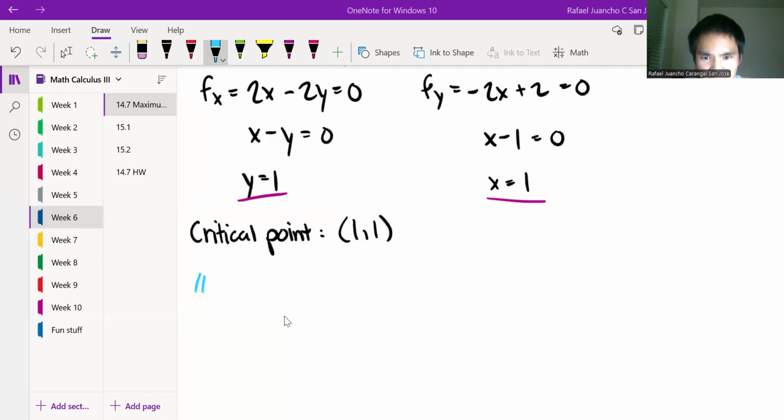That's not fun. How do I find these extreme values?